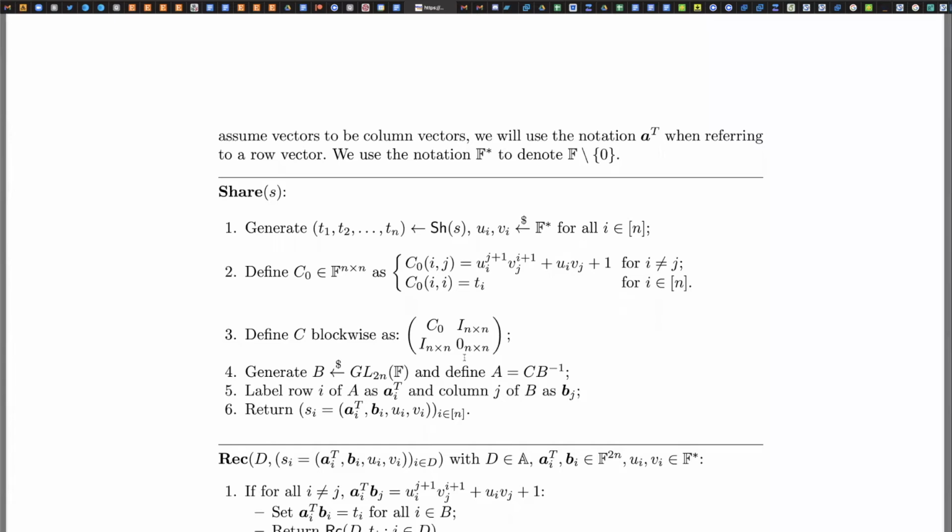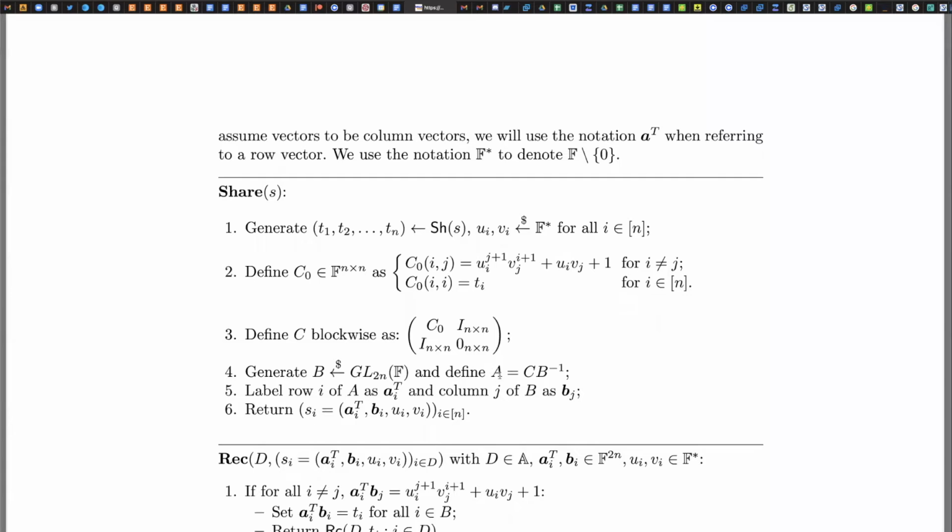Then you randomly pick some matrix, where your random choice has a uniform distribution from the invertible matrices over F with size 2n. I'm sorry, this is just the matrices, not the invertible ones. This is the invertible ones.